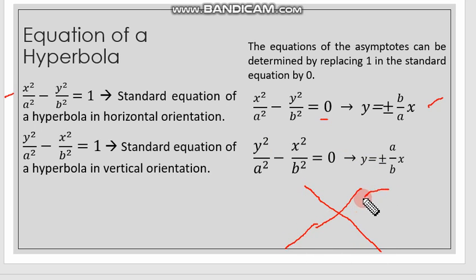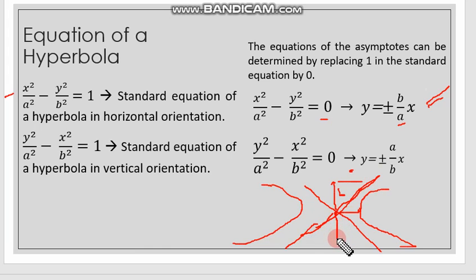If this is our hyperbola opening to the left or opening to the right, we expect this equation: y is equal to plus or minus b over a x. Remember the segment is here. That's for a and this is for b. So the rise is b while the run is a. That's the rise and the run of our asymptote.